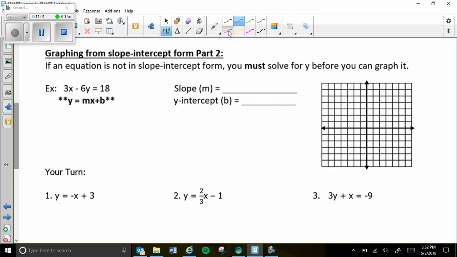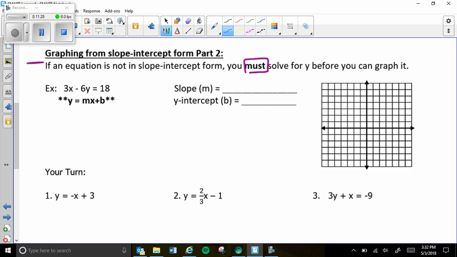The directions say graph from slope-intercept form. Well, that's what we just did. But the only difference here is this next line right here. If an equation is not in slope-intercept form, you must solve for y before you can graph it. So looking at this example, it doesn't say y equals mx plus b, which means we need to get it in that form.